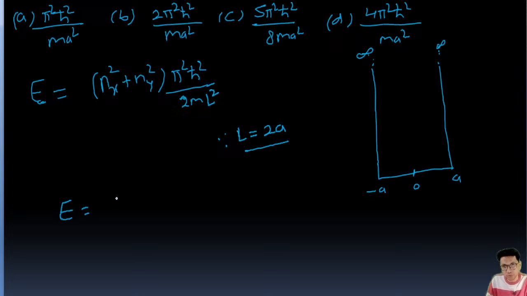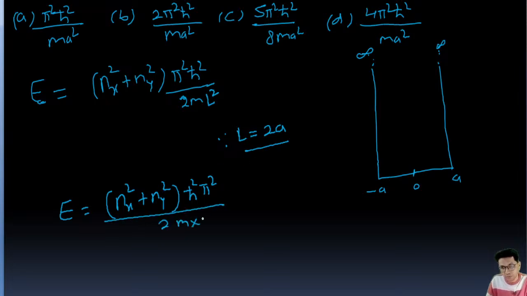E is going to be nx square plus ny square into h cut square pi square upon 2m, and in place of L square we write 2a whole square.